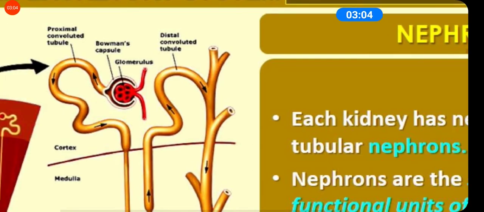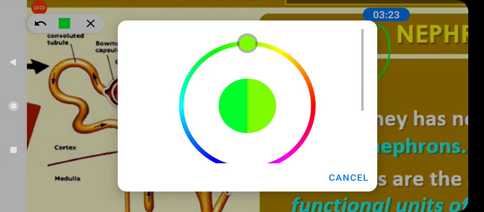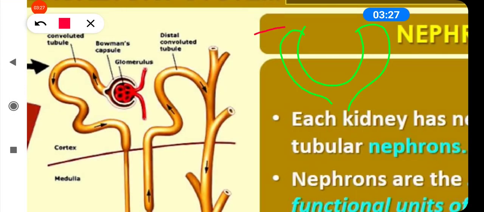Now look here, there is a cup-shaped structure, and this cup-shaped structure is called the Bowman capsule. Inside you can see the network of capillaries, and this network of capillaries is called the glomerulus.